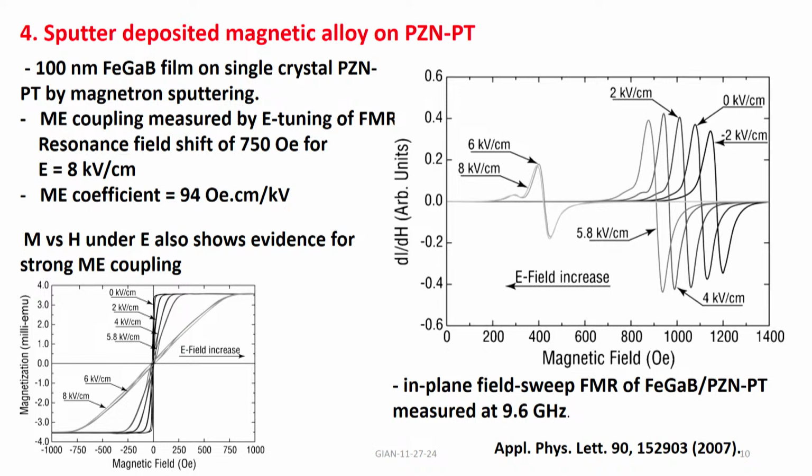So, that is the intercept on the vertical axis corresponding to H equal to 0, and you see a distinct change in the remnant magnetization under an electric field. So, you can look for the fractional change and come up with a number for the converse magnetoelectric effect.